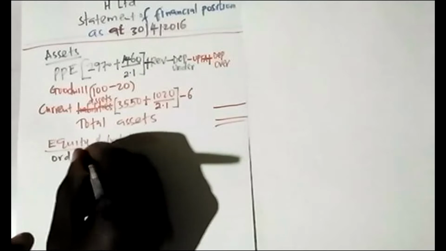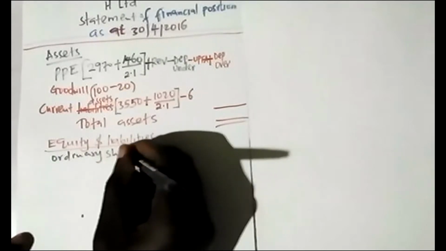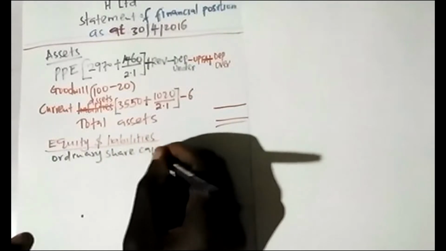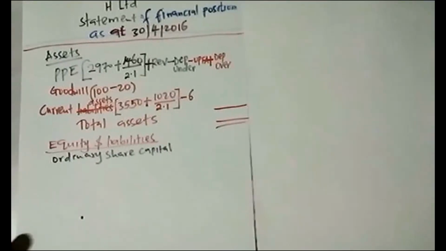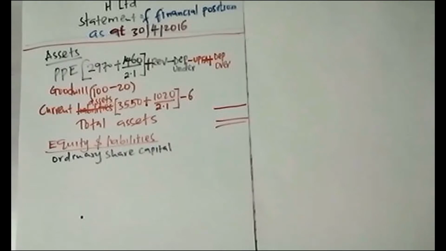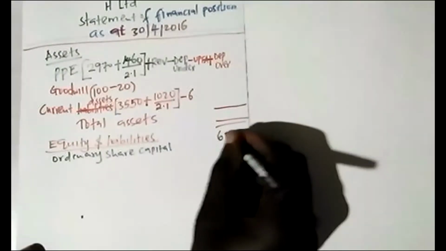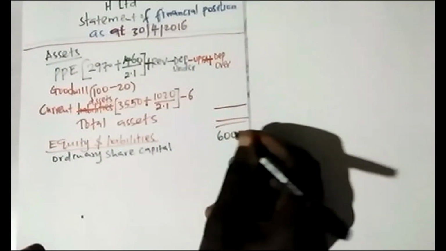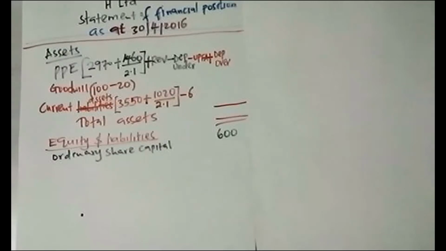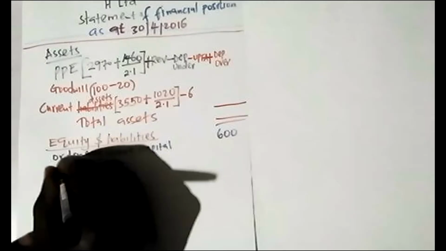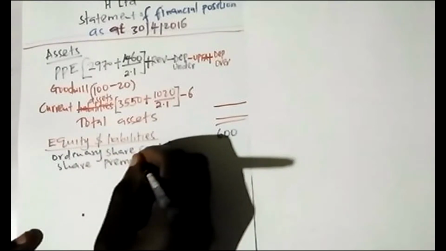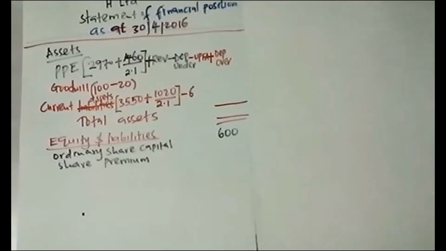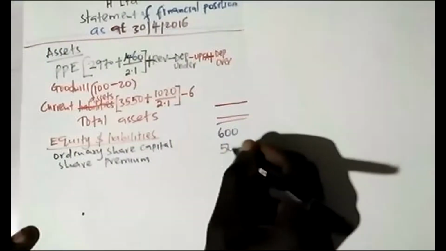You record only for the parent, and the parent was in Kenyan shillings. So for the share capital of the parent it is 600. Then for the share premium, you do the same. You record the parent, that is 500.